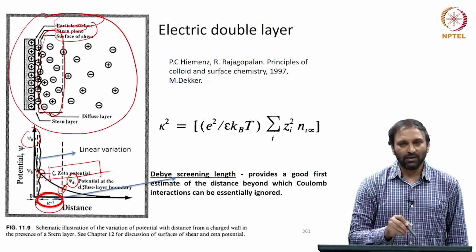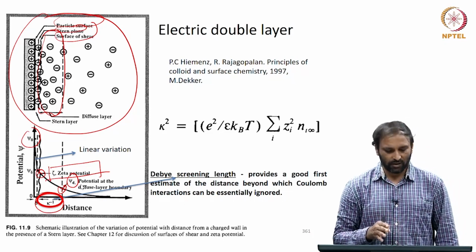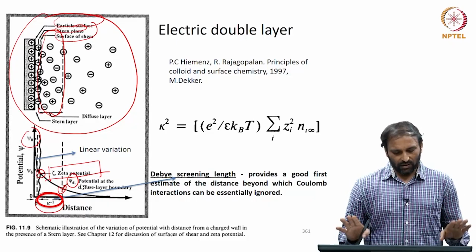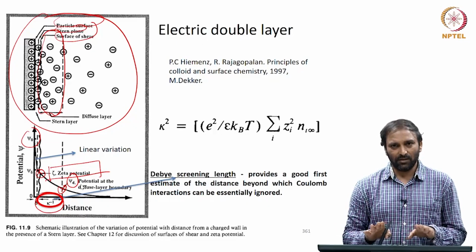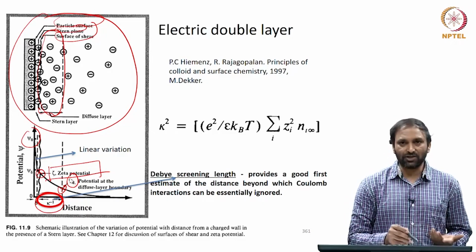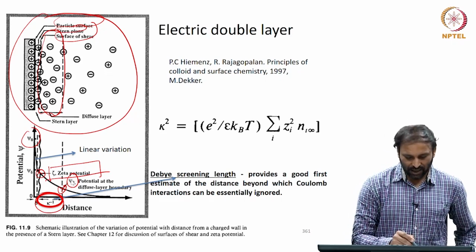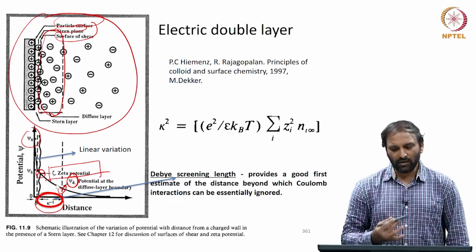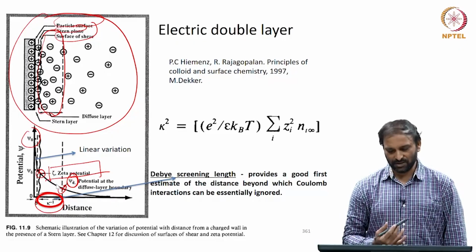It turns out that this potential at the diffuse layer boundary is important because when two particles start approaching each other, when the potential at the overlap becomes larger than psi d, that is when the repulsion between the particles becomes significant.